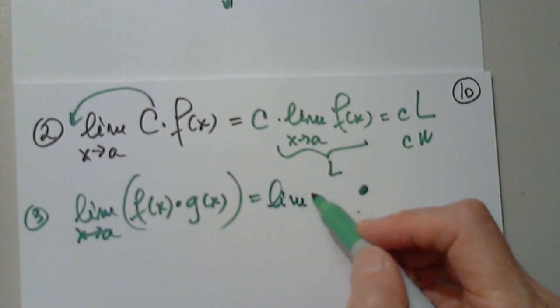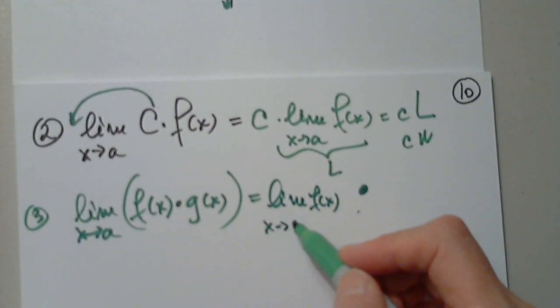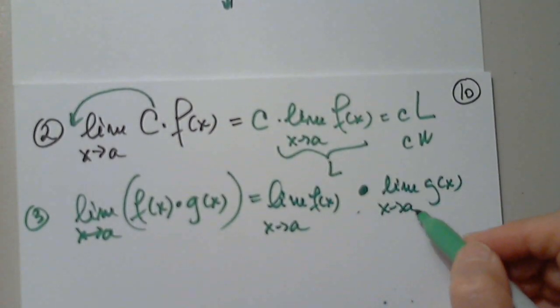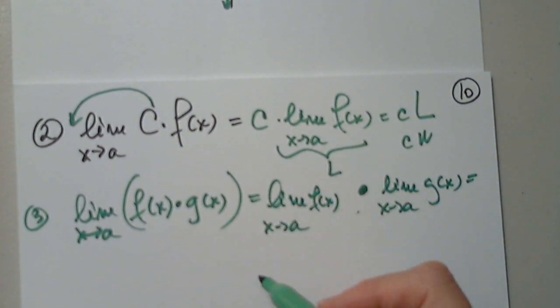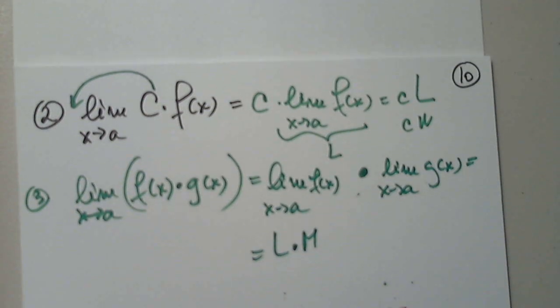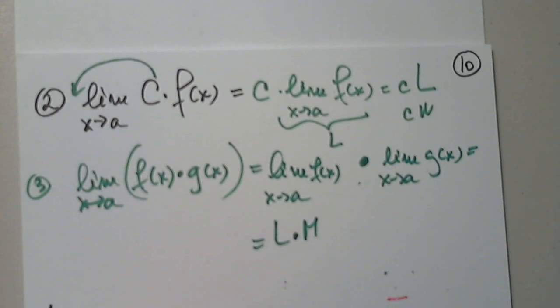Exactly. Limit of f(x) as x approaches a, times the limit of g(x) as x approaches a. And since we denoted this by L and this by M, it's just L times M. Perfect.